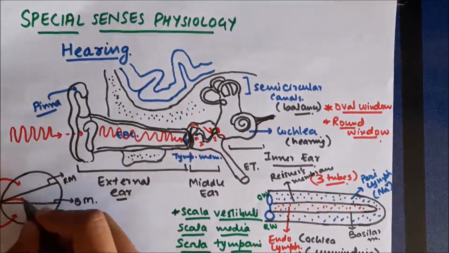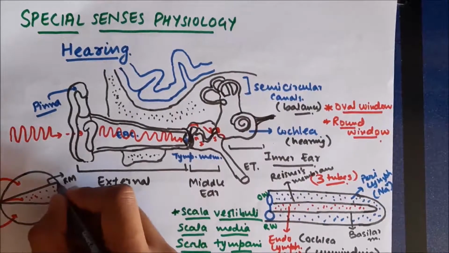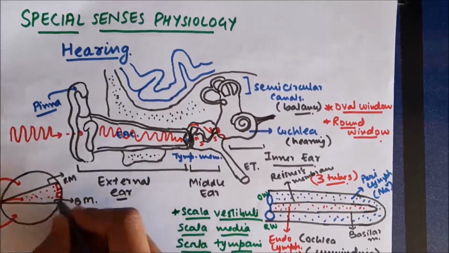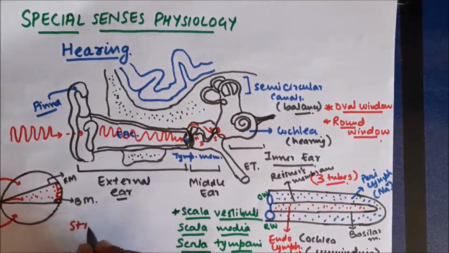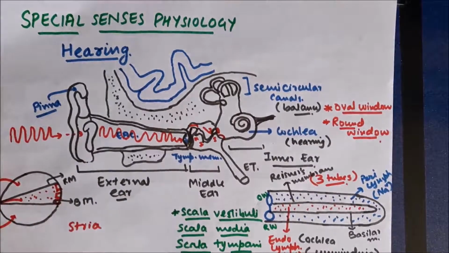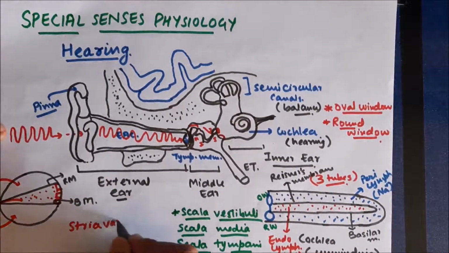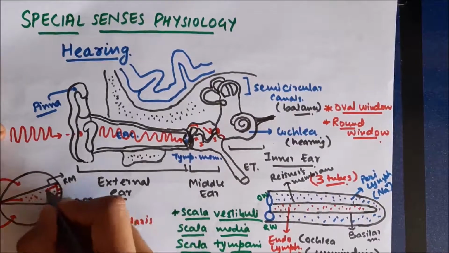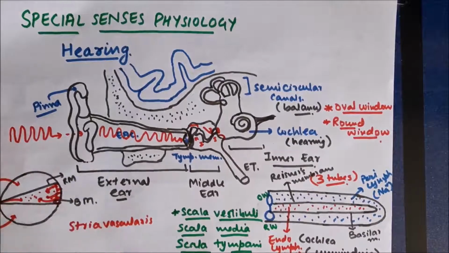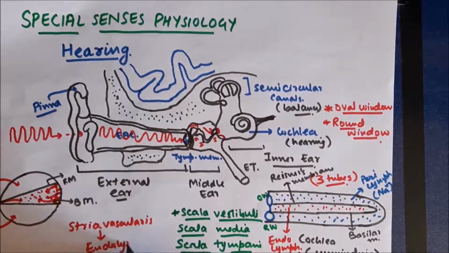The middle tube is the scala media, and it contains endolymph because it is lined by special cells called stria vascularis. The stria vascularis are responsible for formation of endolymph, which is rich in potassium ions, so it contains a large amount of potassium ions.